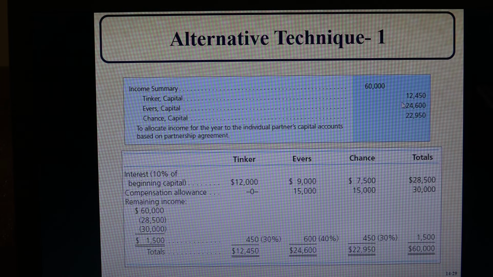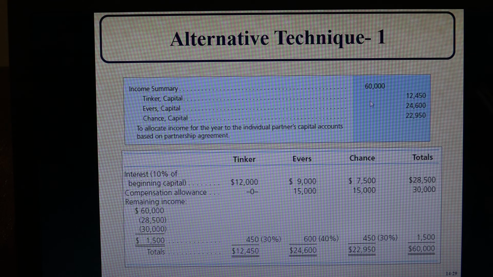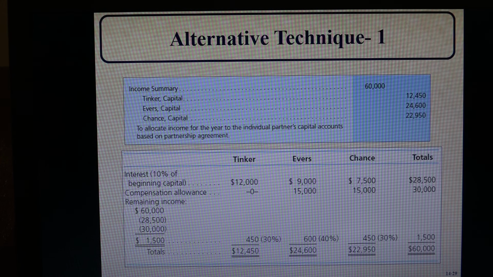Well, only $12,450 is added to Tinker's capital account, $24,600 to Evers' capital account, and $22,950 to Chance's capital account.